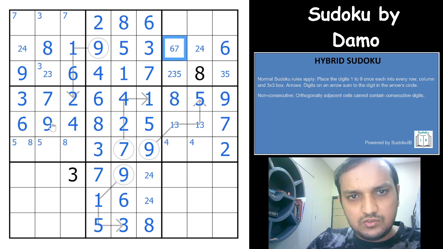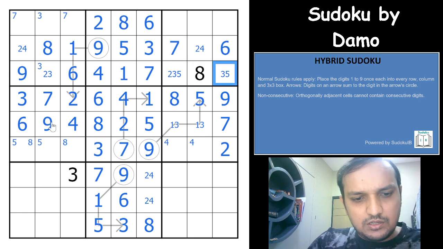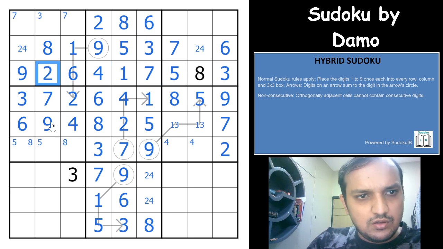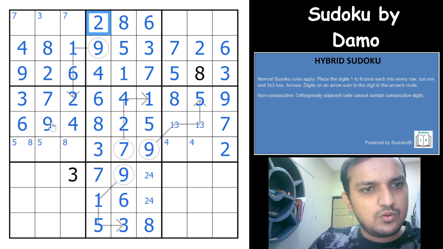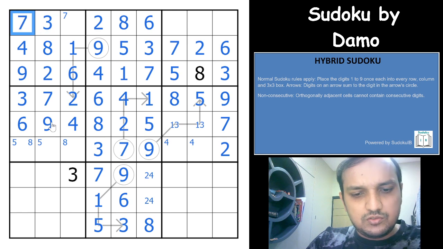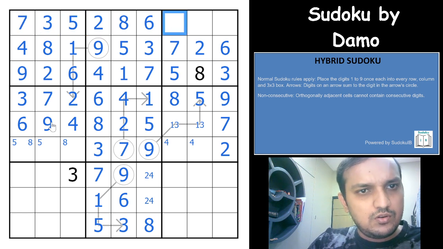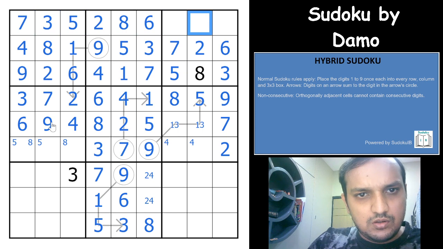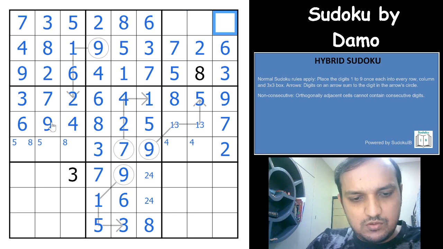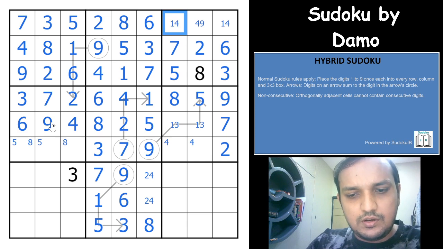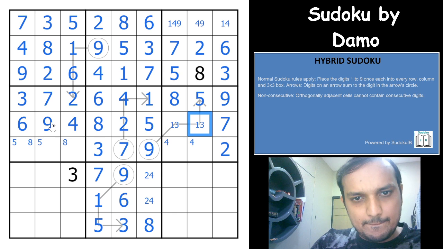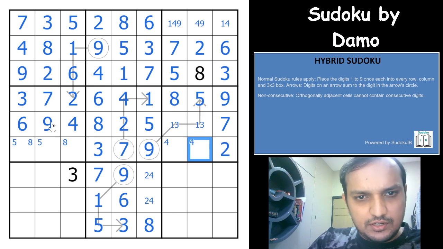That gives you a 6, that gives you a 7, that gives you a 3, 5, 2, 4, 2, 3, 7 and a 5. 4, 9, 1, 4 and a 9. 4 and 6, right, in any order.